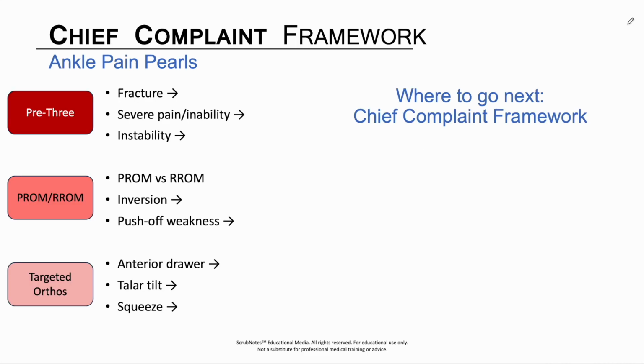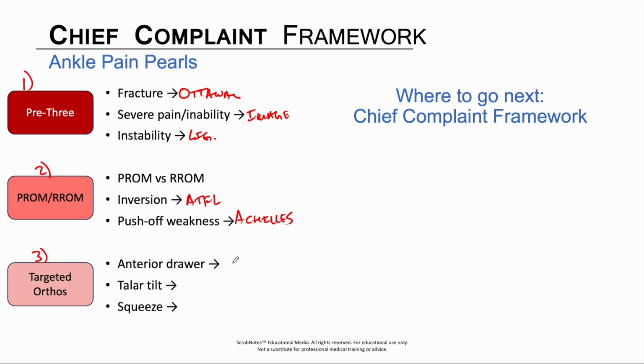To summarize the ScrubNotes framework, first, run the pre-3, so use Ottawa rules for fracture screening, order imaging if you see severe pain or instability. You'd suspect a ligament injury if there's any instability. Second, identify pattern clues like an inversion injury, suspect ATFL. If there's push-off weakness, think of Achilles.